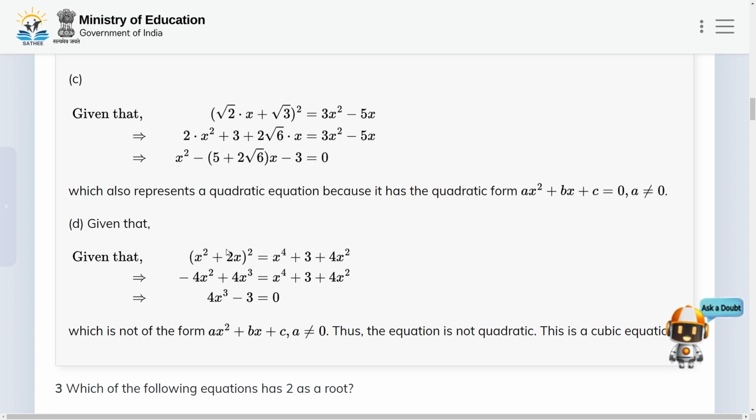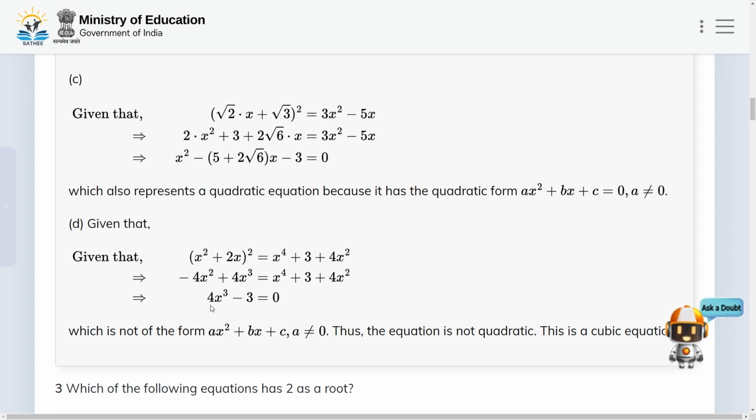Now we can use the identity (a + b)² = a² + b² + 2ab. Using this identity, we get x⁴ + 4x³ + 4x² = x⁴ + 3 + 4x², which implies 4x³ − 3 = 0.